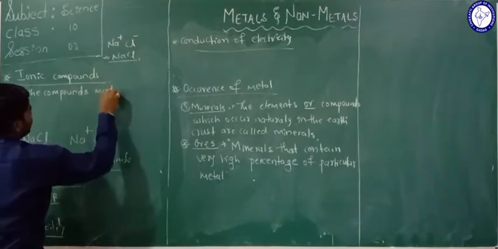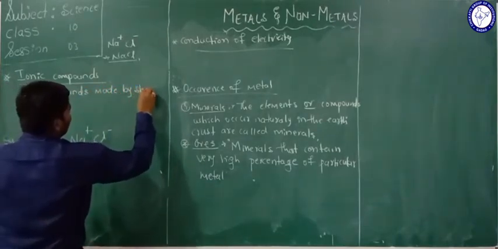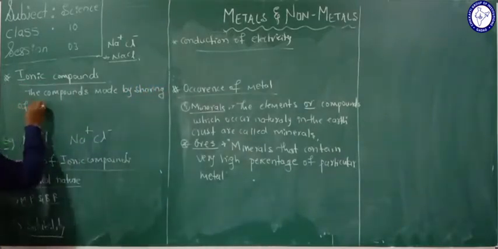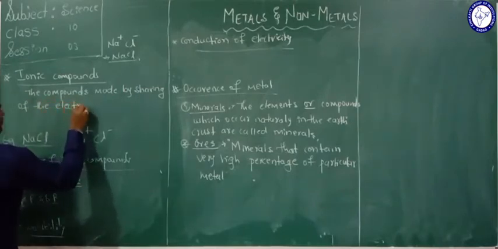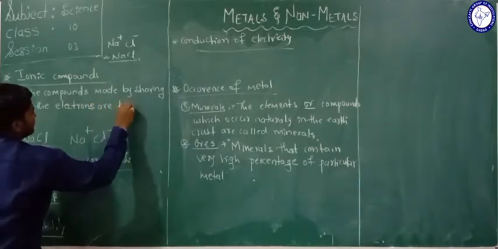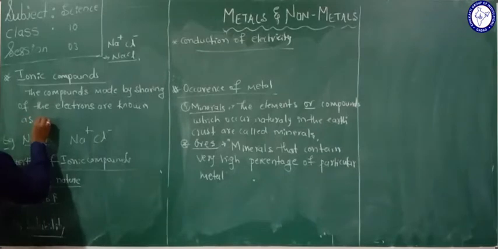made by sharing of the electrons are known as ionic compounds.